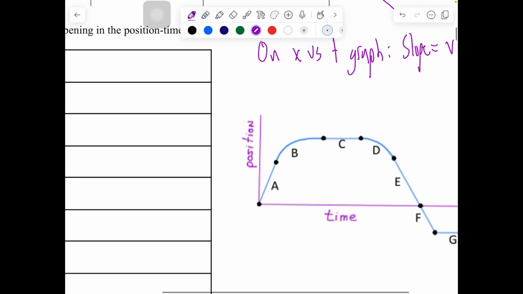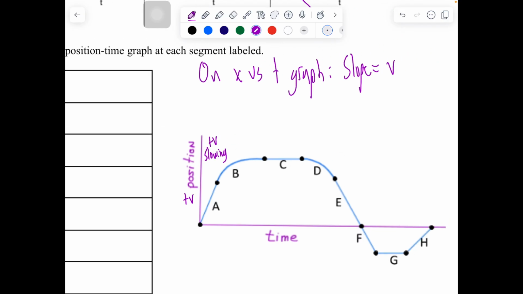So segment A, we have a positive slope, so a positive velocity. The object, the person, whatever it is, is moving forward. Their position is increasing. B, they have a positive velocity, but they're slowing down. You can tell because the slope gets less steep. Again, the slope is the velocity, so if the slope gets smaller, the velocity gets smaller.